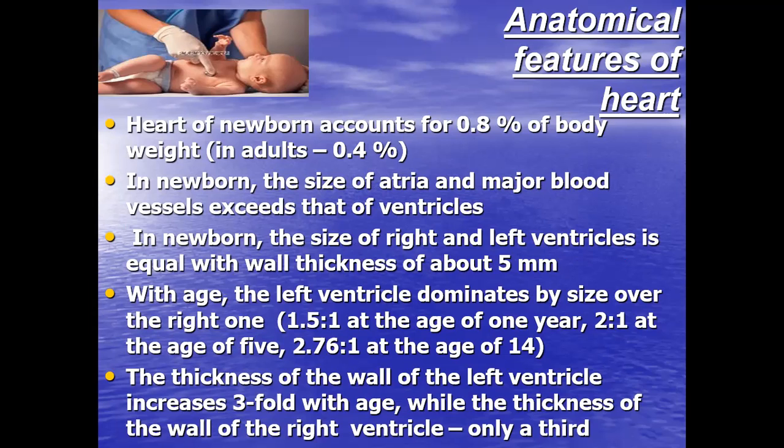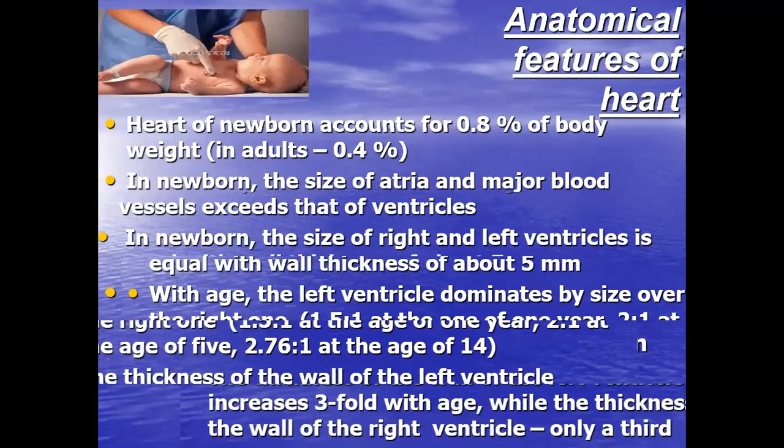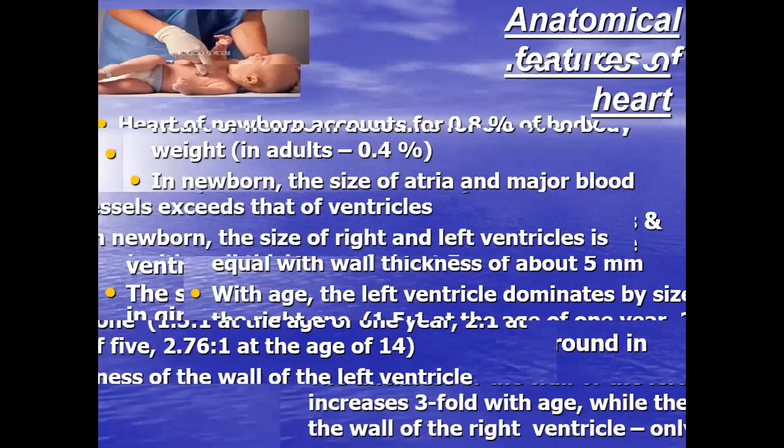And with age, the left ventricle dominates by size over the right ventricle, and the thickness of the wall of the left ventricle increases threefold with age, and the thickness of the wall of the right ventricle only a third.